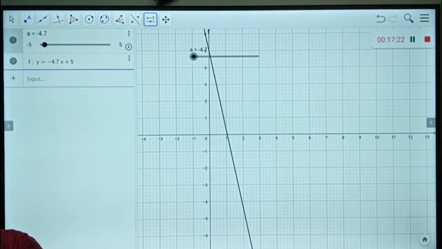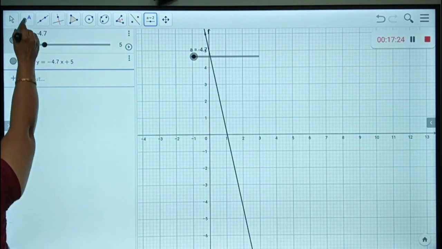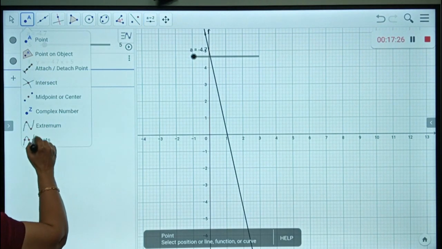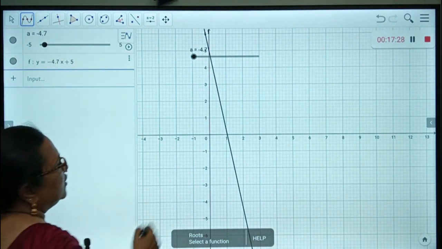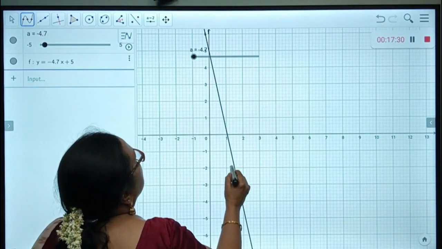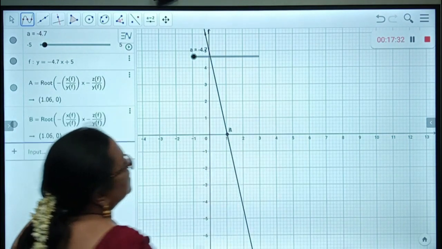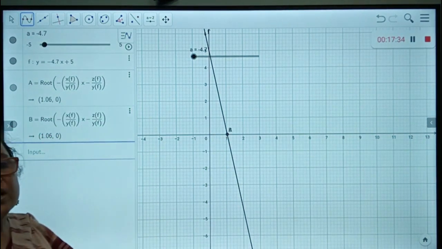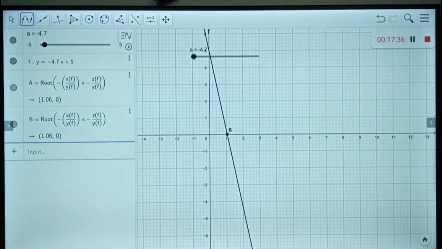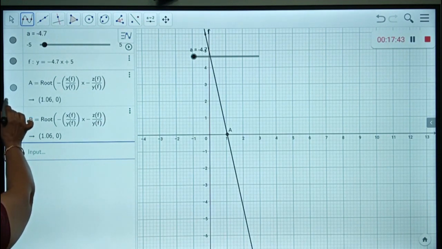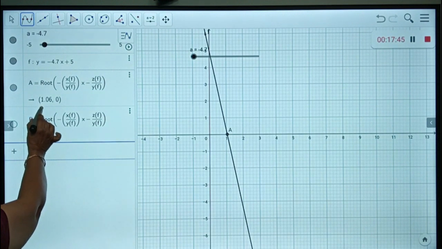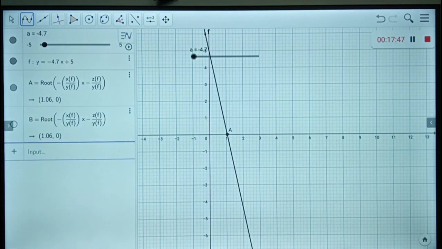Now we are going to find the roots of the straight line. Where does it cut the x-axis? You can see that it cuts the x-axis at the point A. There's a repetition, so I'm just removing one. What are the coordinates of A? 1.06 comma 0.